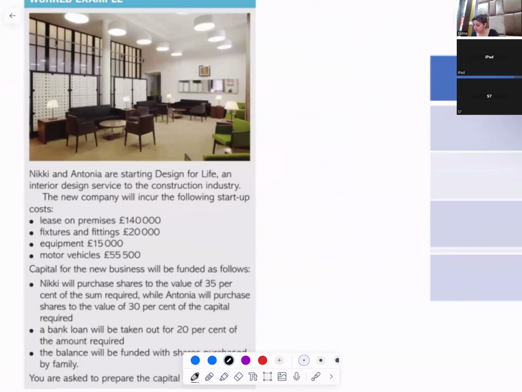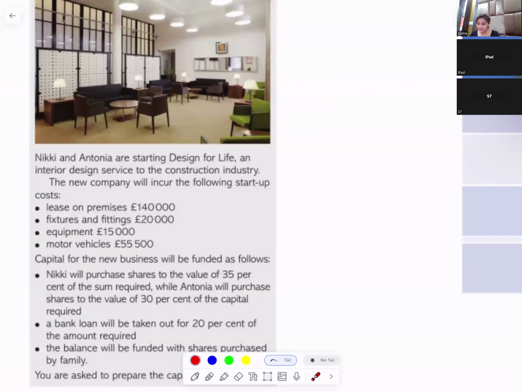Now look at this worked example. Nikki and Antonia are starting a design company, and the new company is going to incur these expenses: the lease on the properties, equipment and motor vehicle.